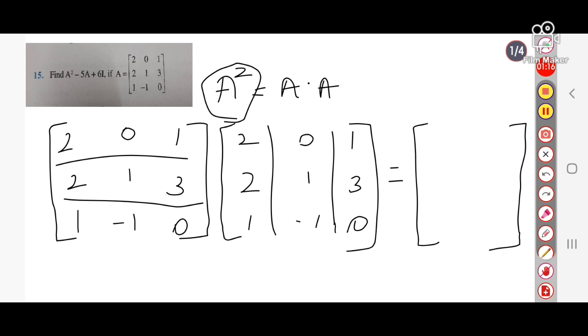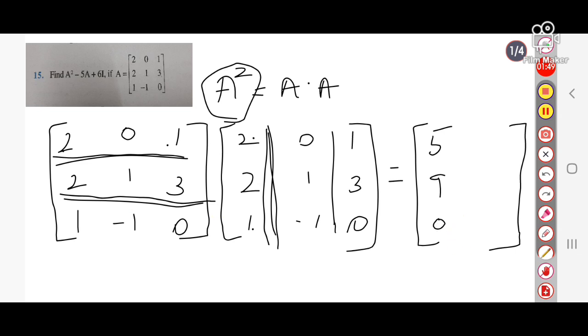Right? So when we multiply the first row with the first column, we get 2 2s are 4 plus 1 1s are 1, so that is 5. Then this with this, you yield 2 2s are 4 plus 2 plus 1, so 9. 2 1s are 2 plus 2 into minus 1 is minus 2, so 0, 0 1s are 0, so 0.